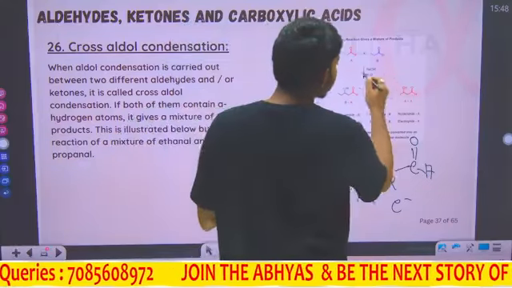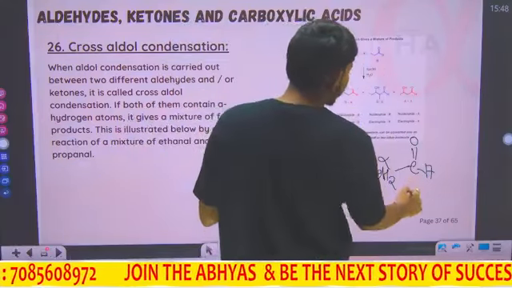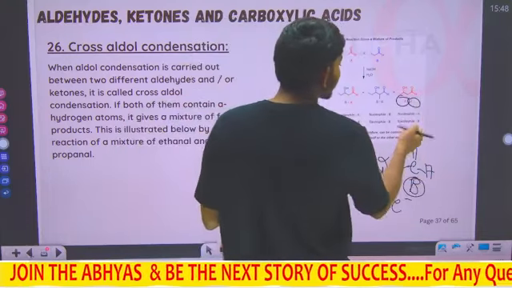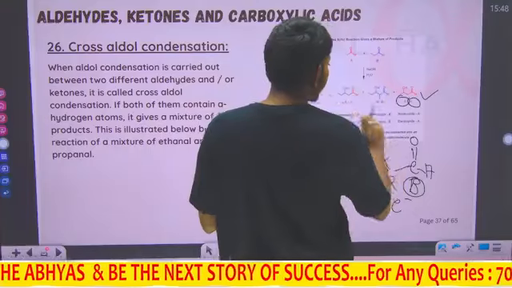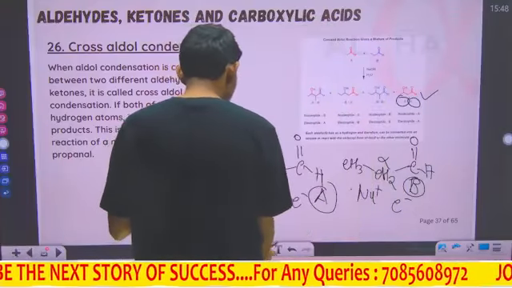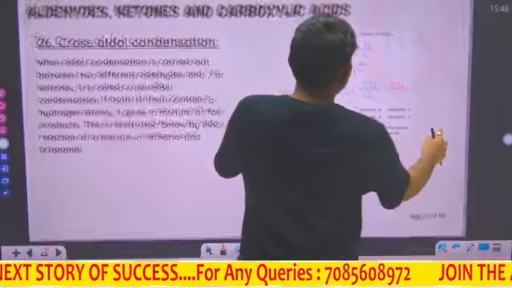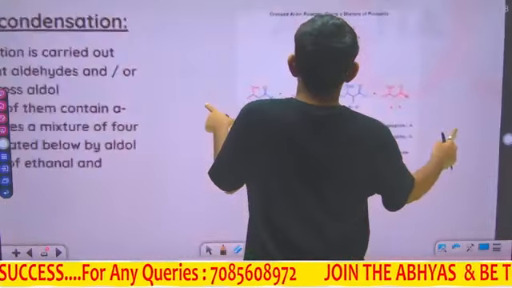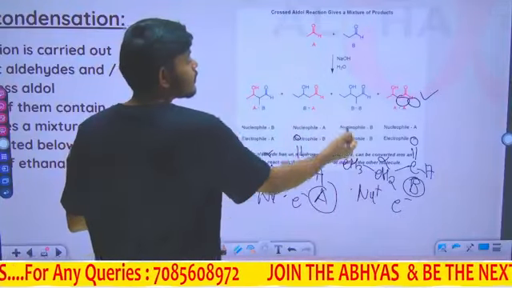So here you can see they have denoted this as B and this as A. A being nucleophile, electrophile to itself, this is the product. I guess it is clear.